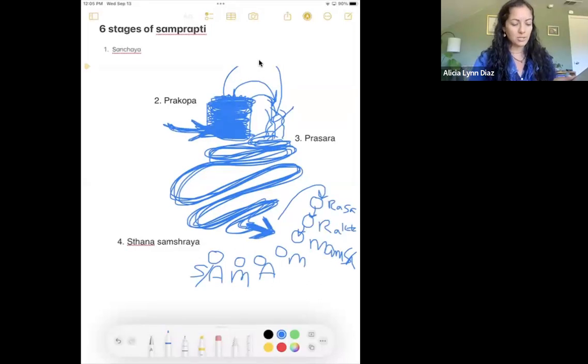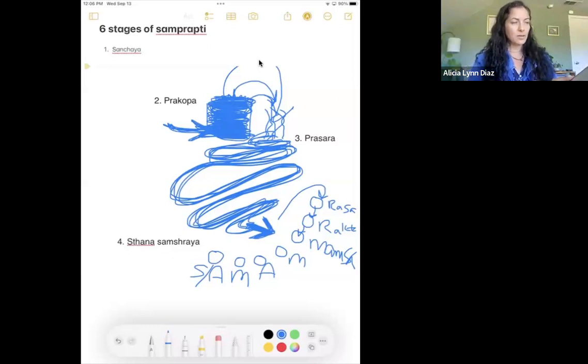Or it's going to go into Majja dhatu, the nervous system, and it can create demyelination disorders. It can create all kinds of imbalances in the nervous system. Or wherever there's a weak link, it will deposit its excess into one or more weak links. Then the last one is Shukra and Artava, the reproductive system, and it creates imbalances there.